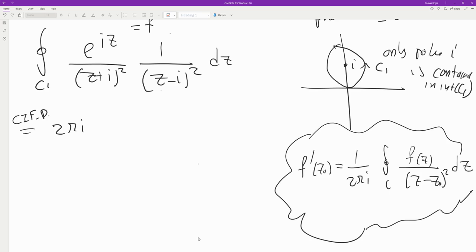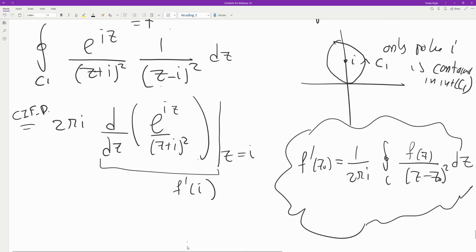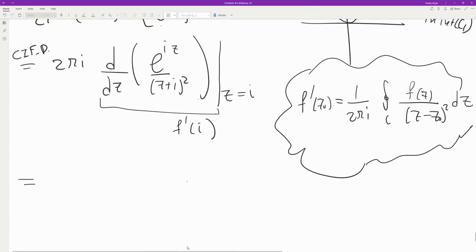Okay, so we have this and then the derivative of e^(iz) over (z plus i) squared evaluated at z equal i. Okay, so this is the f prime. This is f prime of i. Is that okay? All right, so let's compute this.